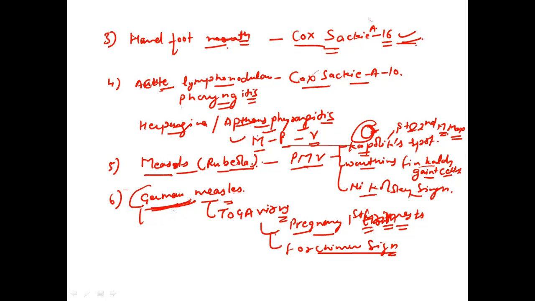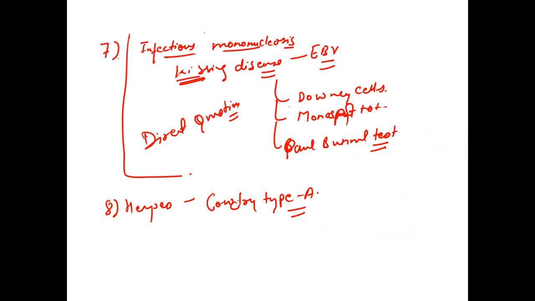Then come to German measles. It occurs in German people, caused by Togavirus. Just remember that it occurs in pregnancy first trimester. Forchheimer sign is also present. Then come to your infectious mononucleosis. Just remember these things by "kiss me bar do".